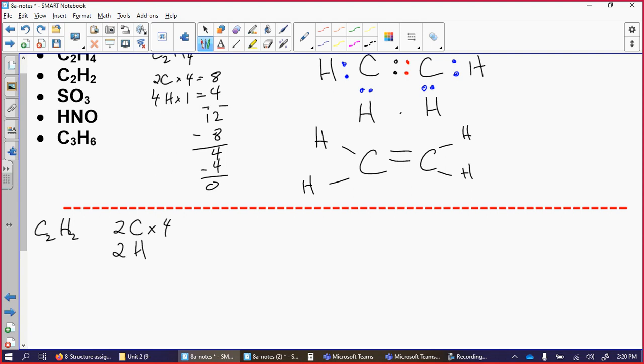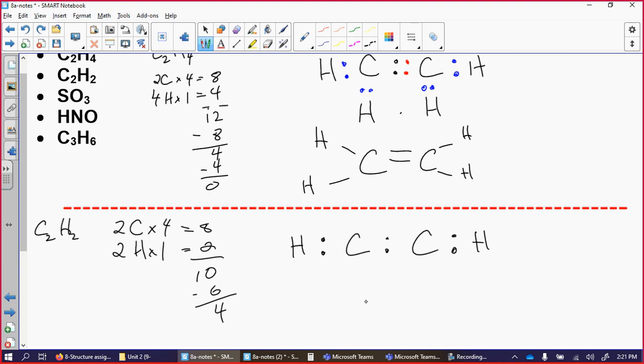So 2 carbons for C2H2 is 8 and 2, so C2H2 has 10. Carbon, carbon, we have to start with 1 pair here. Hydrogen, hydrogen, we have to have a pair as a bond. So 2, 4, 6. I've used 6, I've got 4 left.